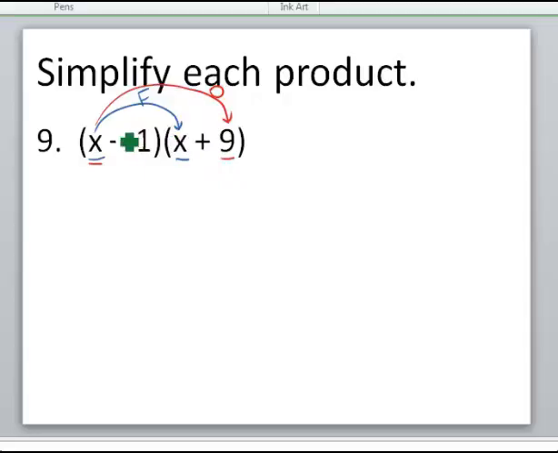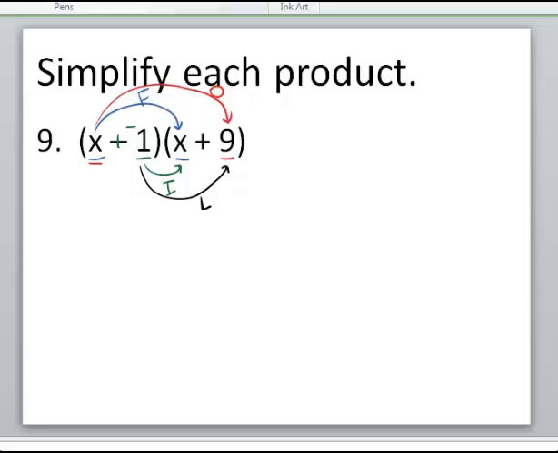Then you're taking the second term, which happens to be a -1, and you're distributing it to both terms in the parentheses. These are your inside terms. And finally, you take your -1 times the 9, which would be your last terms. So there's the first, outer, inner, last.